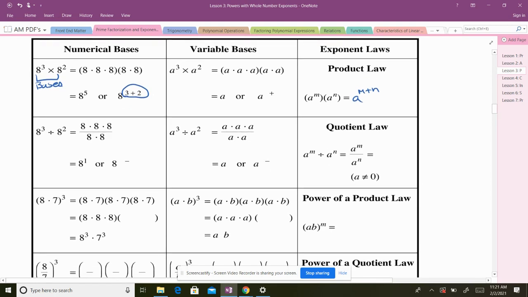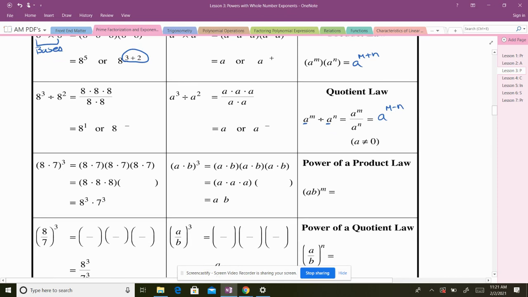If you are dividing, you subtract the exponents, all right, as long as the bases are the same. So this is going to be a to the power of m minus n. If you are dividing, you subtract the exponents.